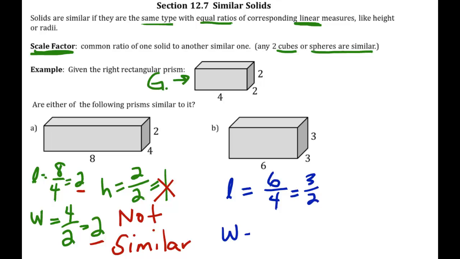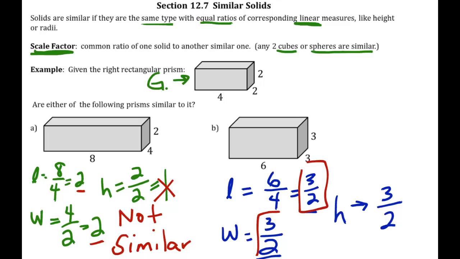The width is 3 on B and 2 on the given, and that is the same ratio, 3 over 2. And let's do the height. The height of the B figure is 3, and the height of G, the given figure, is 2. So in this one, they're all 3 over 2, and so they are similar.